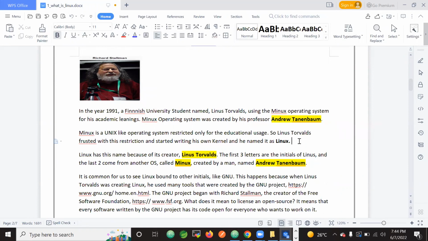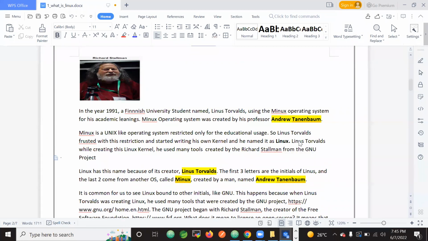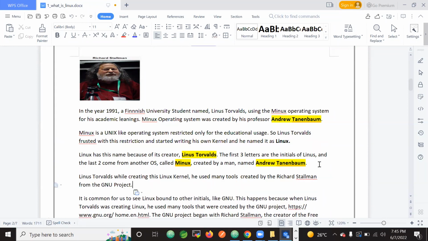One more very important point: while creating this Linux kernel, Linus Torvalds used many tools created by Richard Stallman from the open source GNU project.